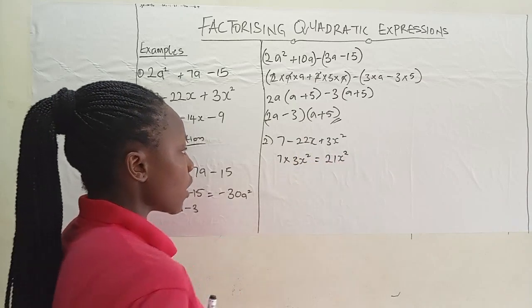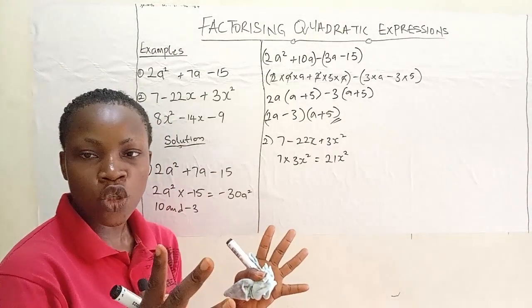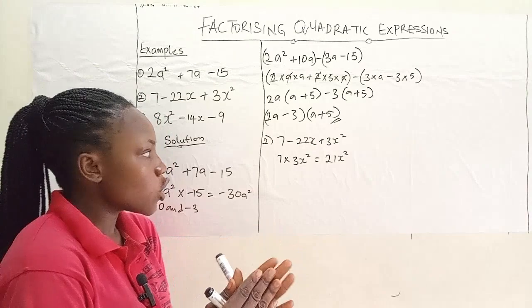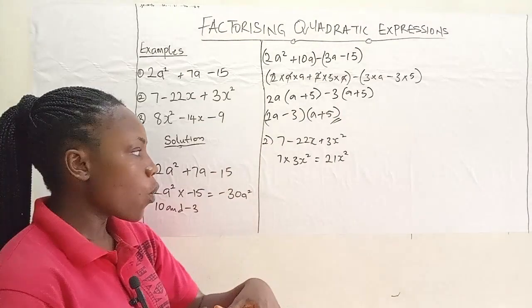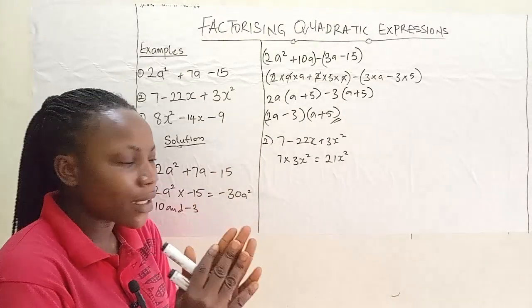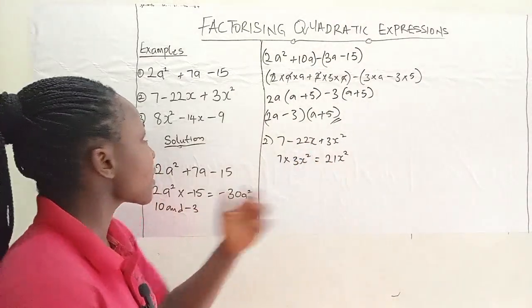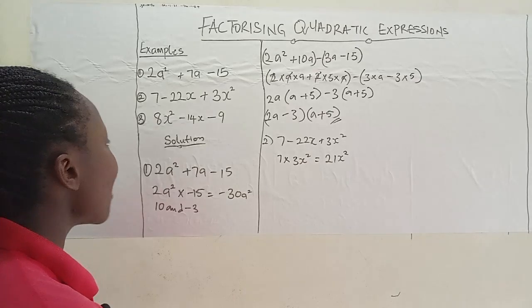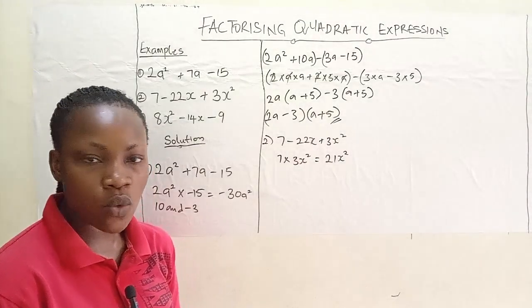Now, let's think of two numbers that once we add them, give us the middle one, that is minus 22, and once we multiply them, give us 21. So in this case, the two numbers are minus 1 and minus 21.